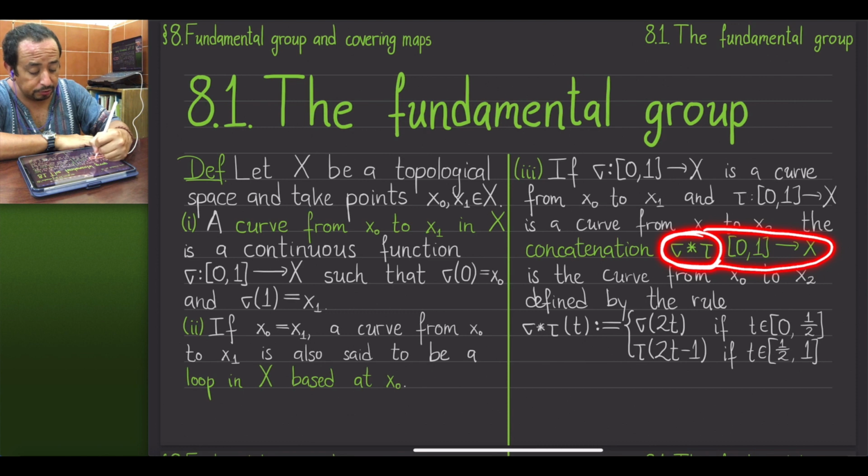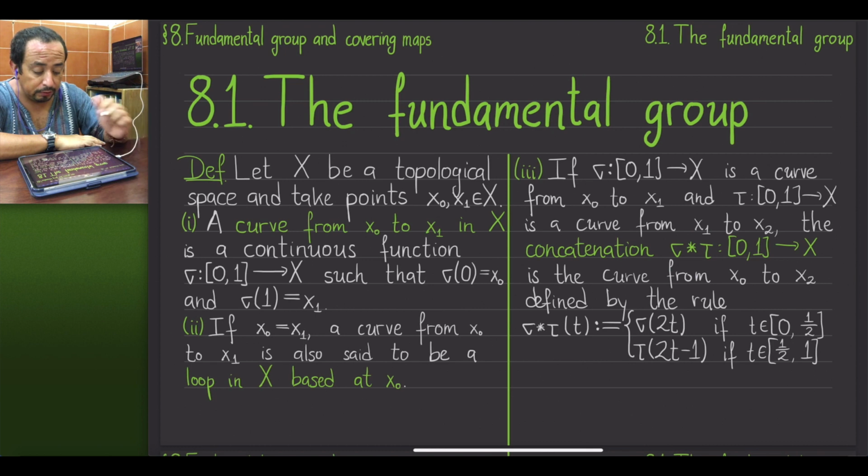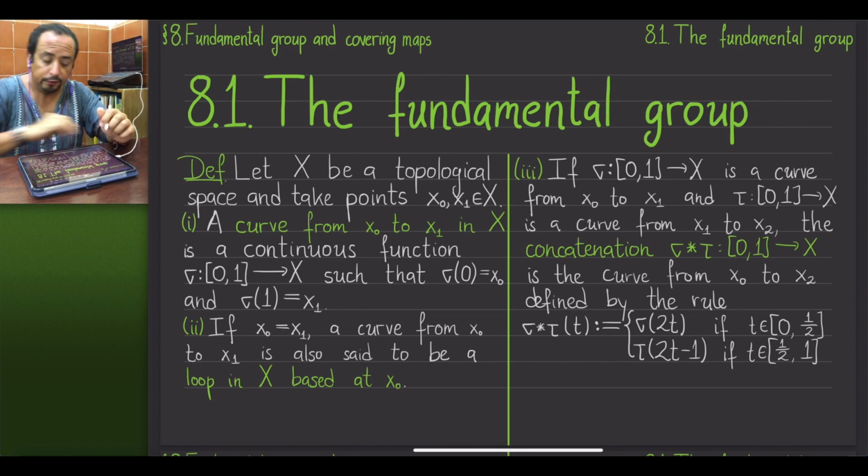And here notice that we are going from x0 to x2 from left to right in the notation. So somehow our notation is contrary to the notation I always use for composition of functions.